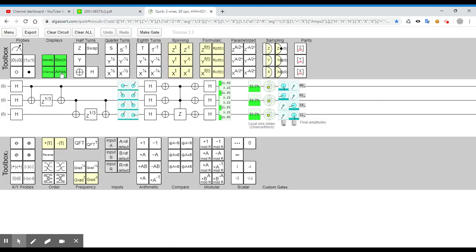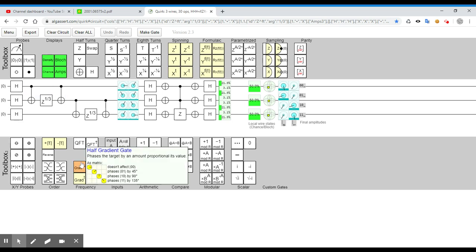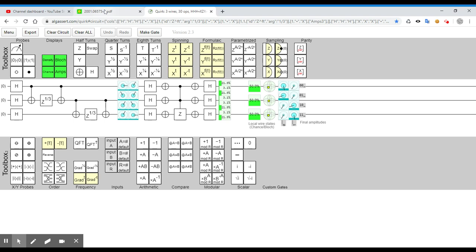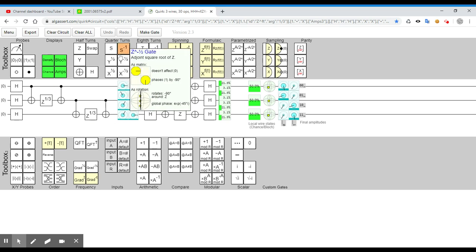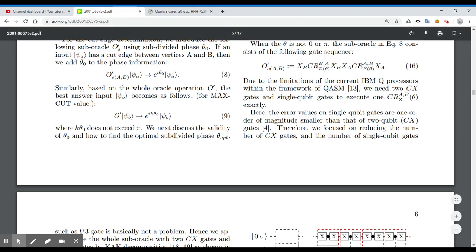So this is basically what I did here, right? So what this is saying is that you could actually replace that with a control Z. Would it work? No, because it's not the effect that you want.